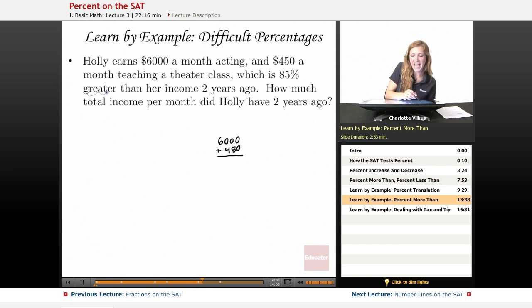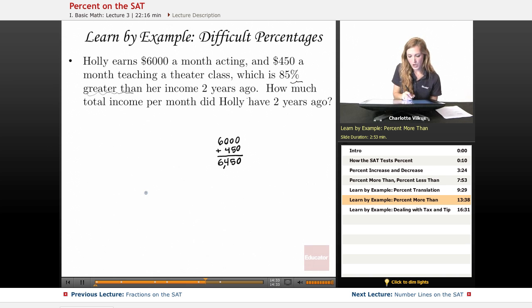So we're looking at a percentage greater than type problem. And what we're going to try and find is how much total income per month Holly had 2 years ago. So here we can quickly get her income now. It's going to be $1,050.